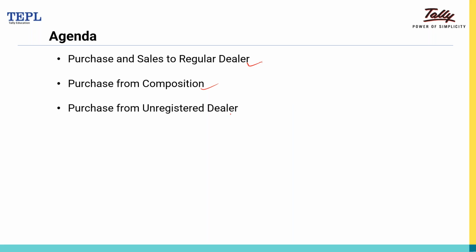And the agenda is, first we'll discuss basic transactions like purchase and sales to a regular dealer. Okay, so we'll start with the basic one. Then we'll discuss purchase from a composition dealer, then purchase from an unregistered dealer, then supply of exempted goods.